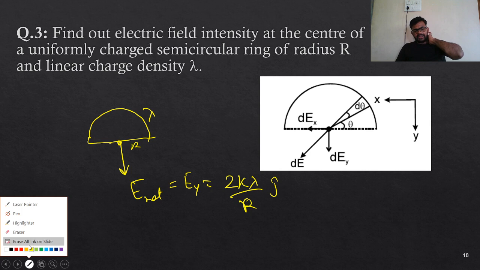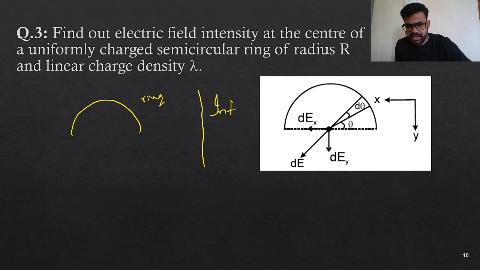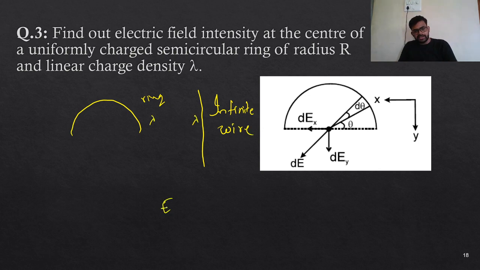Now we can compare this with a formula. Remember, if there is a semicircular ring, then you can compare it with an infinitely long wire. For an infinitely long wire, E is equal to 2k lambda divided by r.